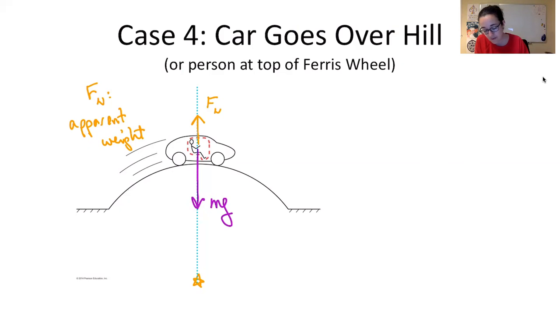Another thing that tends to freak people out a little bit about this is that since positive is inward, when we write our net force equations along the radial axis, mg is positive because that's inward.